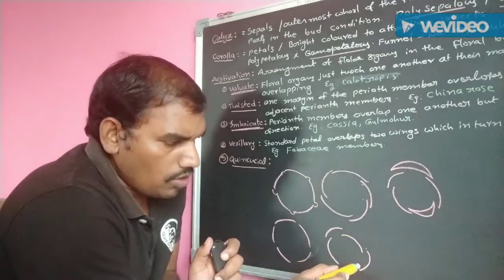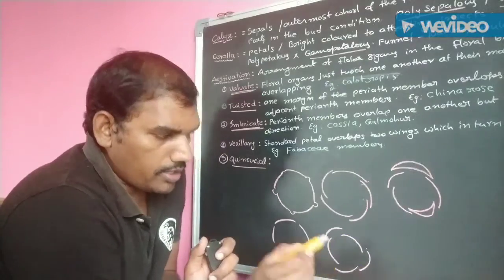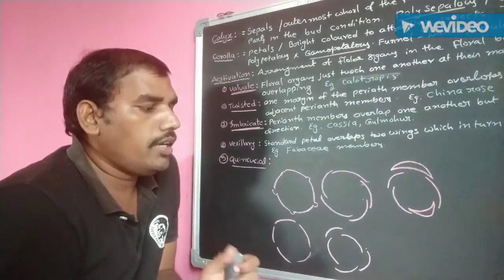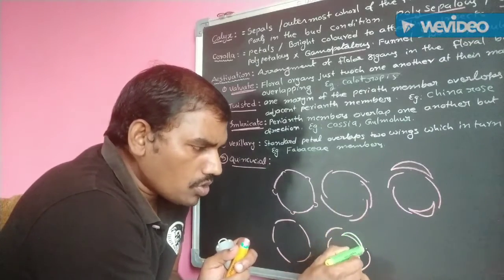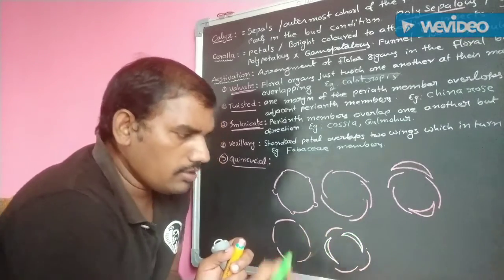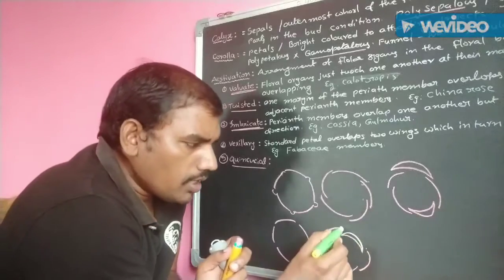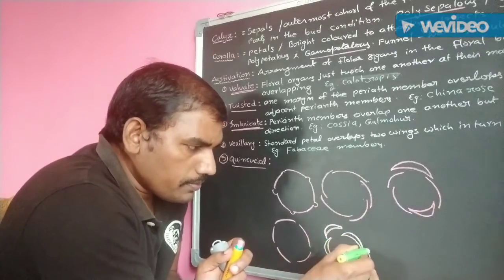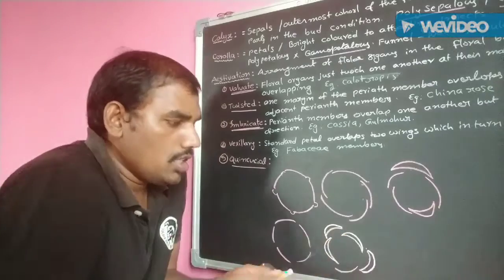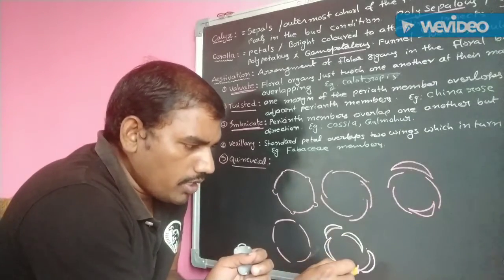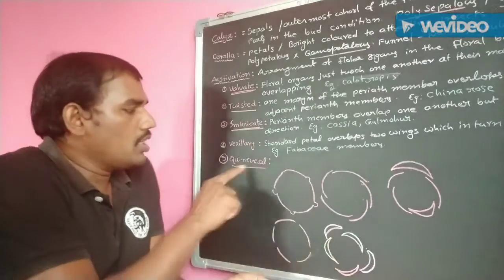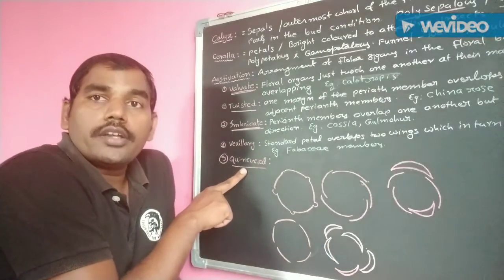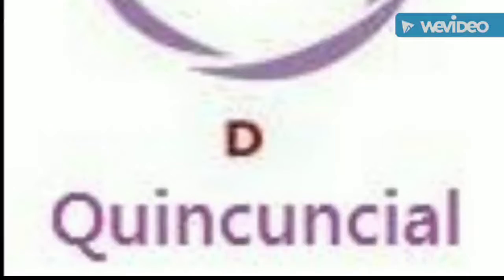The remaining one is outer and inner. These are the completely innermost perianth. These are the completely outermost perianth. The remaining one is outer, inner. Okay, this type of aestivation is known as quincuncial aestivation.